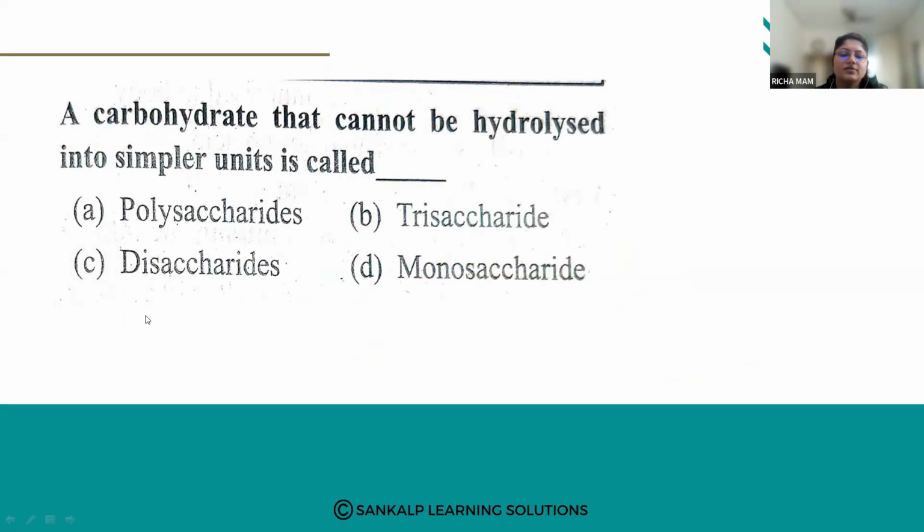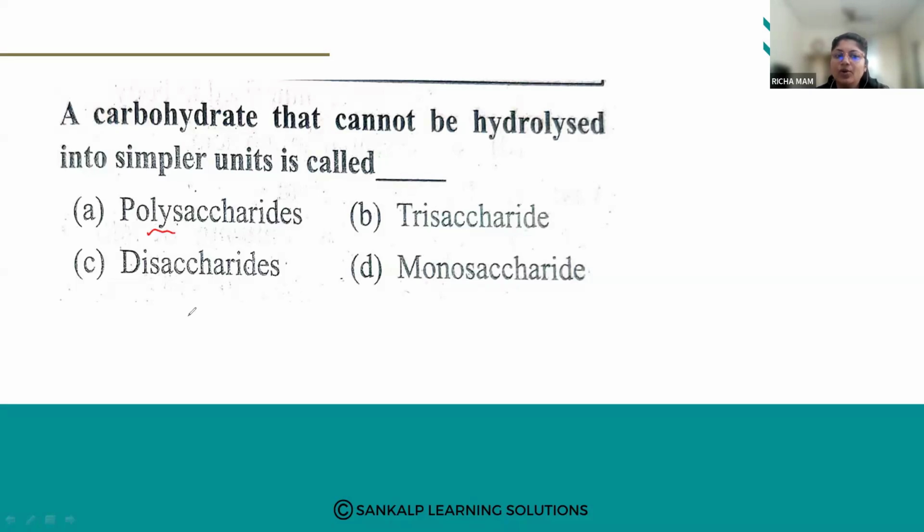Question: a carbohydrate that cannot be hydrolyzed into simpler units is called polysaccharide, trisaccharides, disaccharides, or monosaccharides.